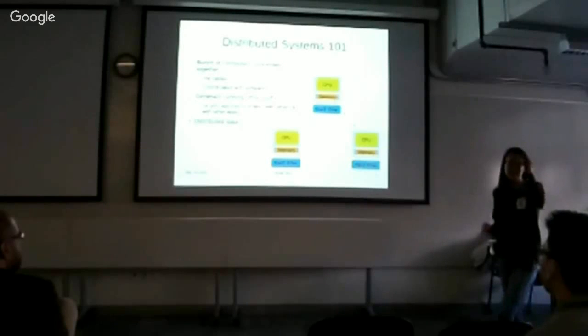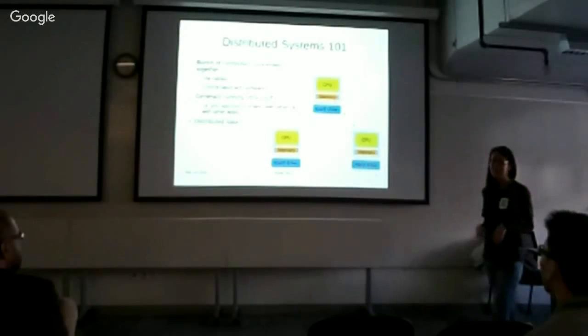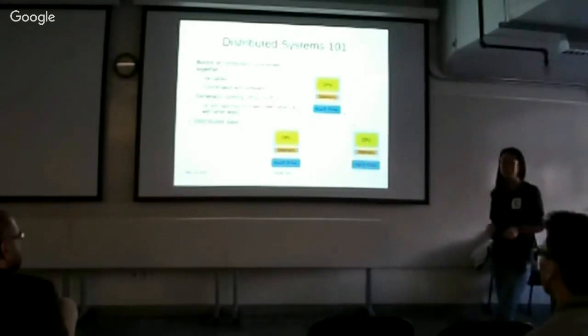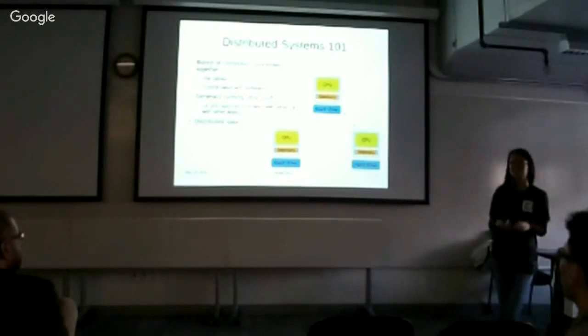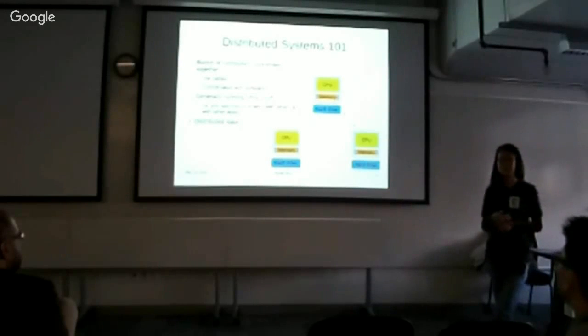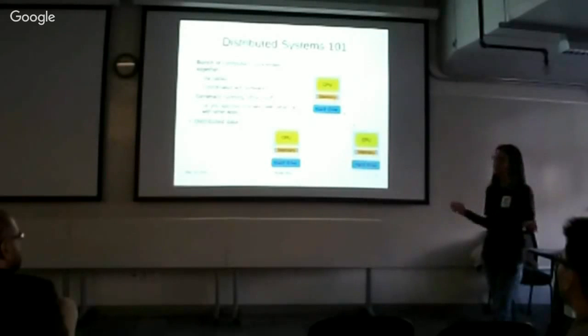So that's your Spark, that's your Hadoop manager, those Yarn, all those kinds of things that are managing your jobs. That actually has to run on computers as well. So that's going to take up some of your CPU, it's going to take up some of your memory. So you don't get all of the computer that you think you have. So that's another thing that you have to think about.